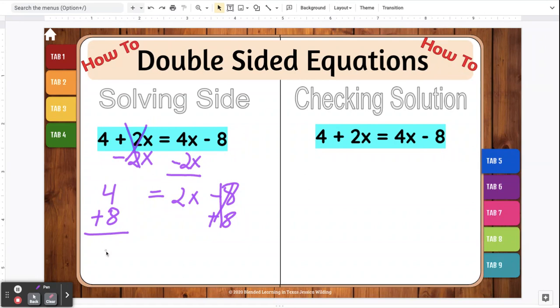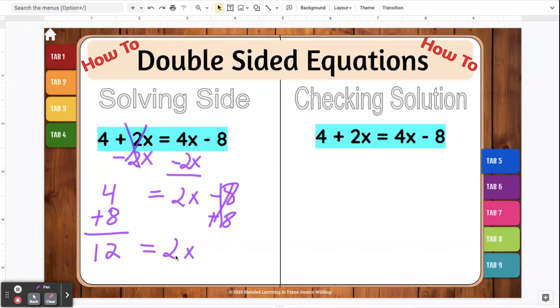Now I can do 4 plus 8, which gets us 12. Bring down my equal sign and bring down my 2x. Now we have 12 equals 2x. Perfect.